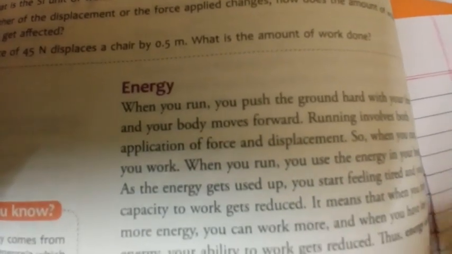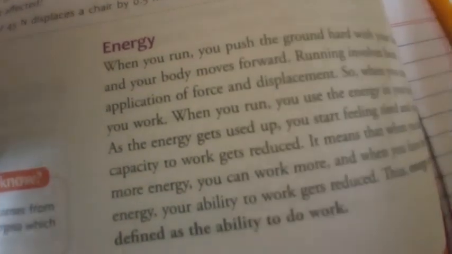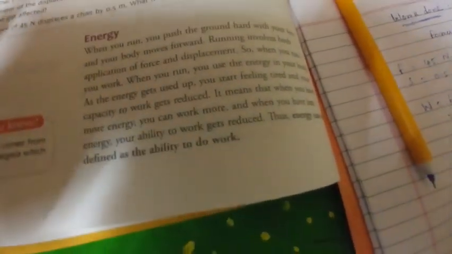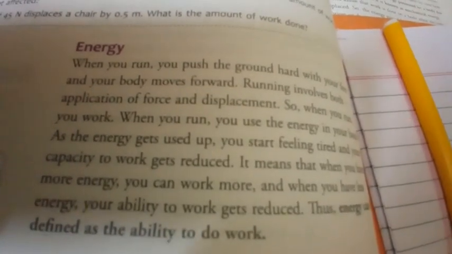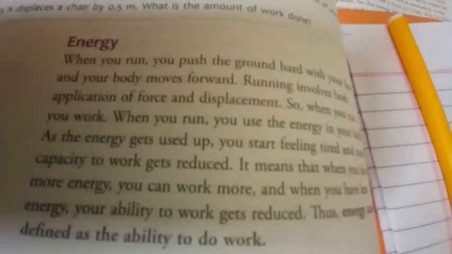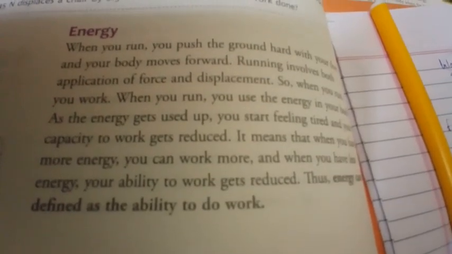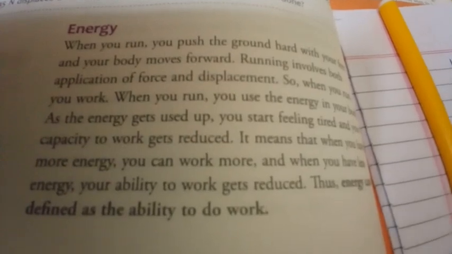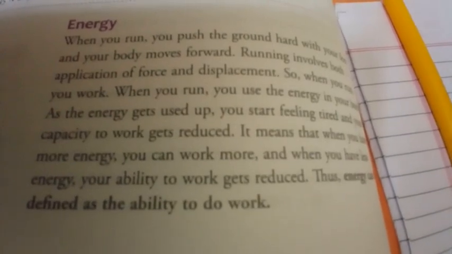When you play or work for a long time, you get tired, because to do some work we need some energy, and that energy is used up in doing the work. In fact, to do work you need energy, so we can say that energy is the cause and work is the effect.